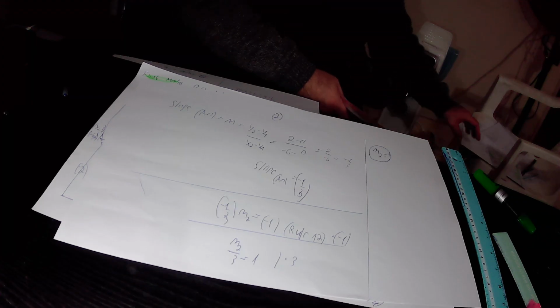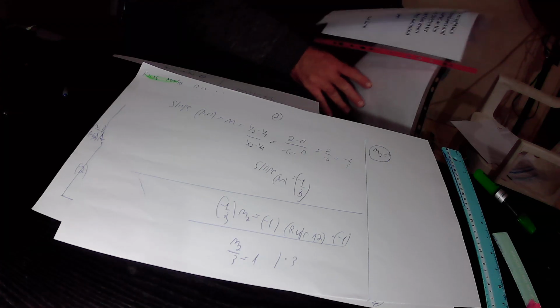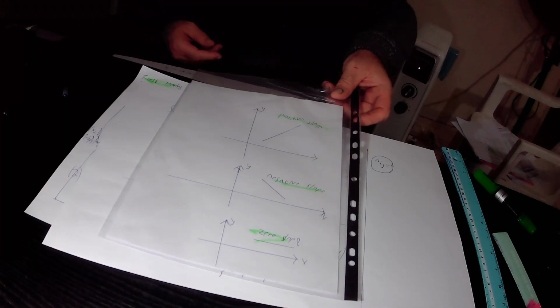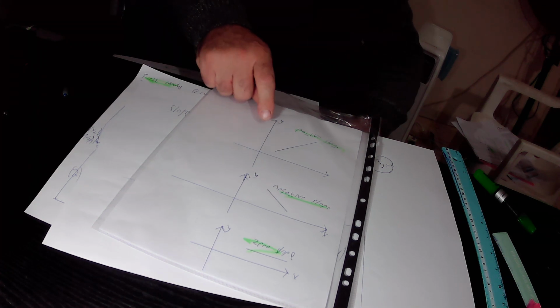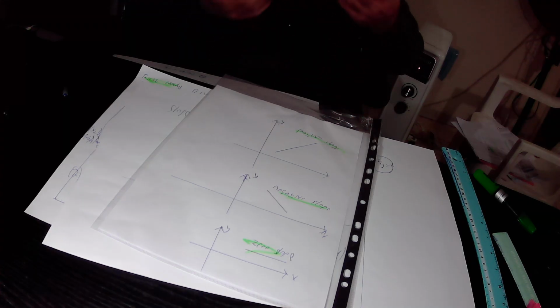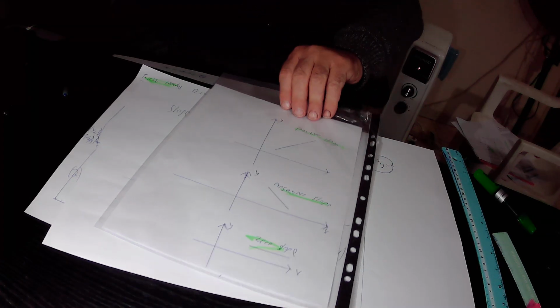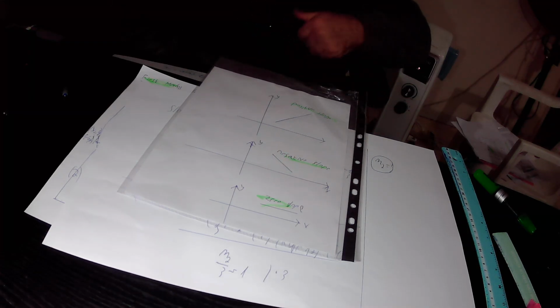So, as I mentioned before, if the slope of a straight line is positive, it means that it goes up from the left side to the right side. Likewise, if the slope of a straight line is negative, it means that it goes down from the left side to the right side. And finally, if the slope of the straight line is 0, it means that it is parallel to the x-axis.